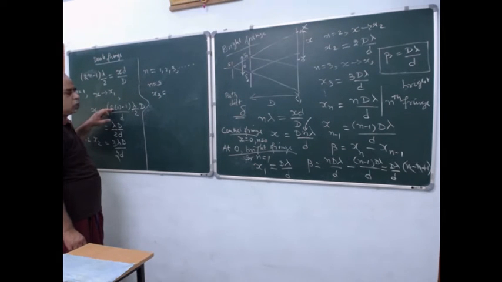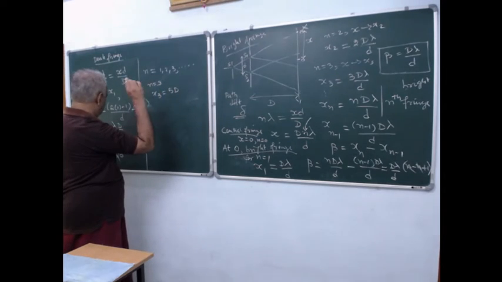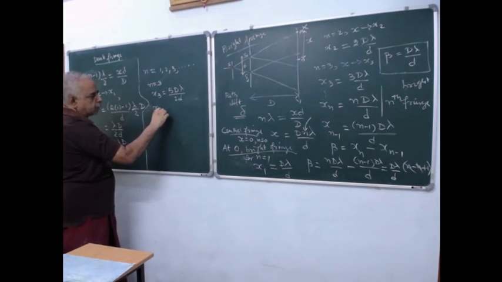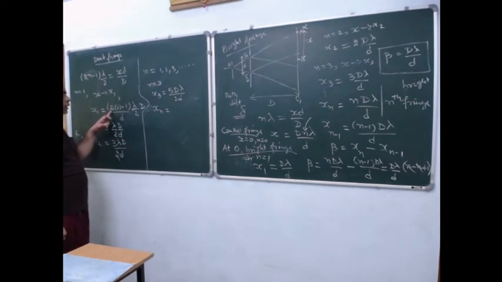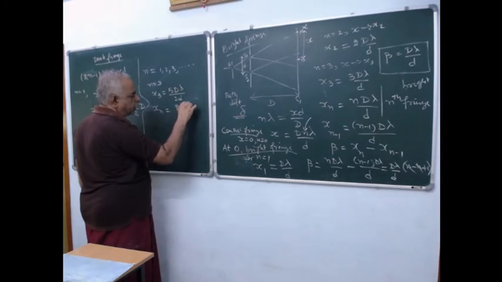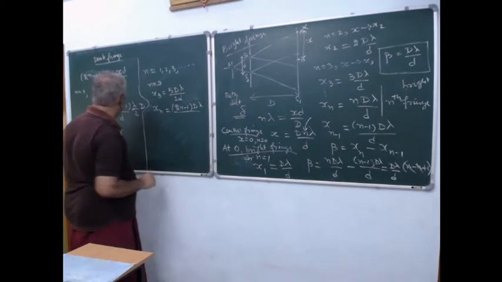Is it not? So 6 minus 1, 5. So 5 D lambda divided by 2d. And similarly xn. So if it is xn, that is 2n minus 1, so (2n minus 1) into D lambda divided by 2d.